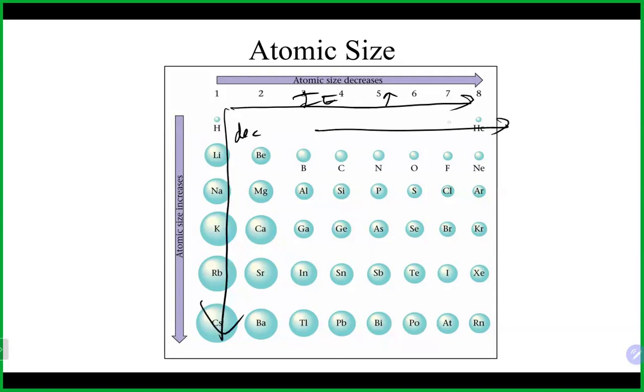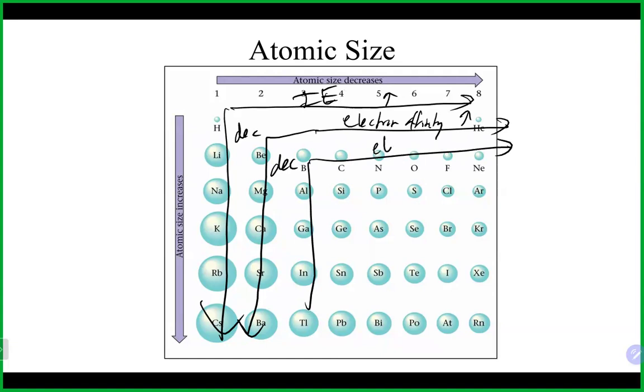We have electron affinity increases this way, decreases this way. We have electronegativity, increases this way and decreases this way.